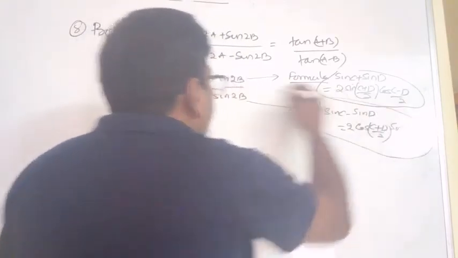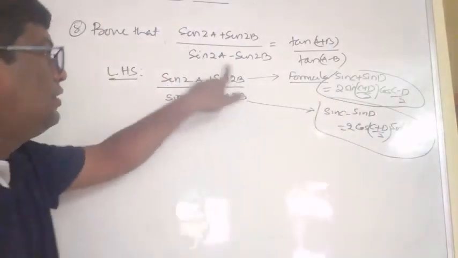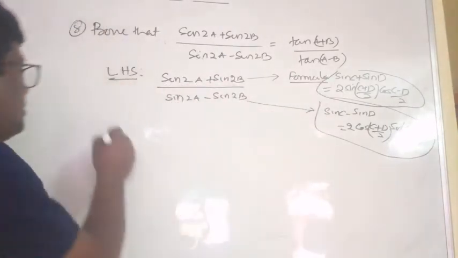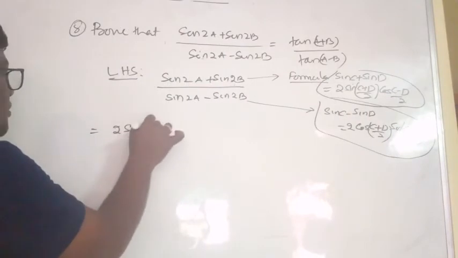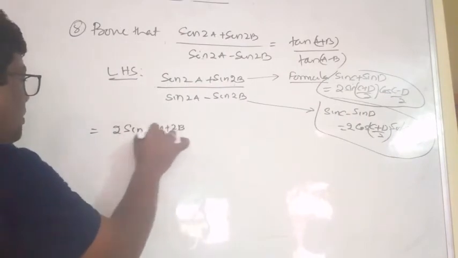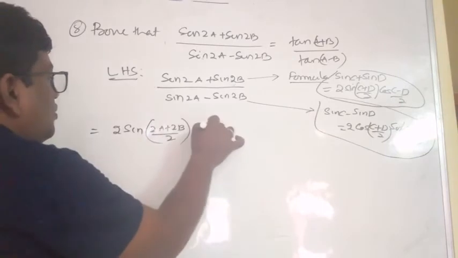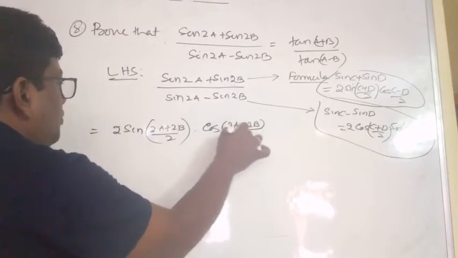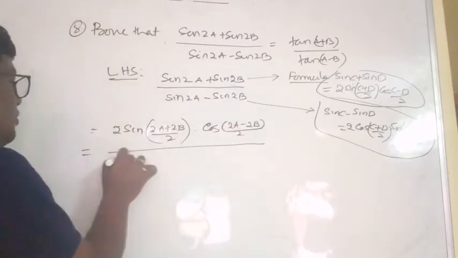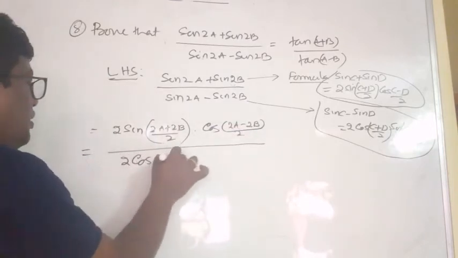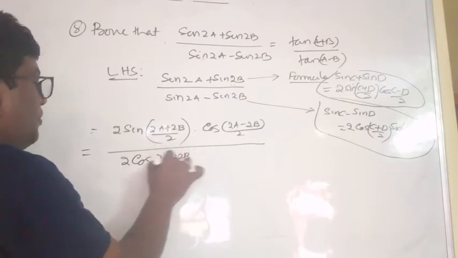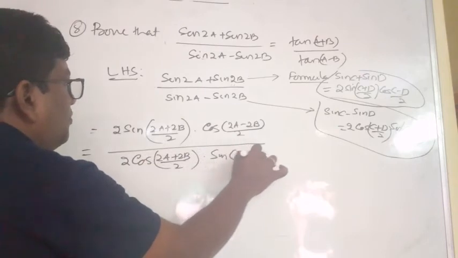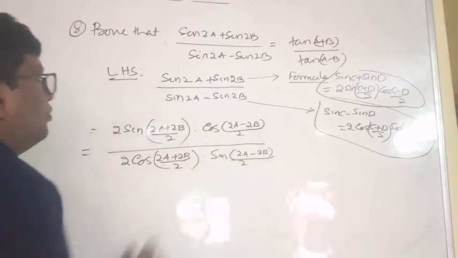These two formulas are applied, this one for the numerator and this one for the denominator. So this is equal to 2 sin (2a plus 2b) by 2 into cos (2a minus 2b) by 2, whole divided by 2 cos (2a plus 2b) by 2 into sin (2a minus 2b) by 2.